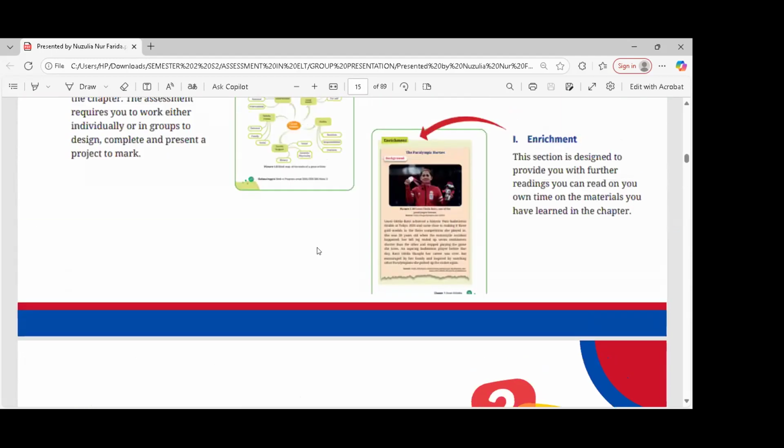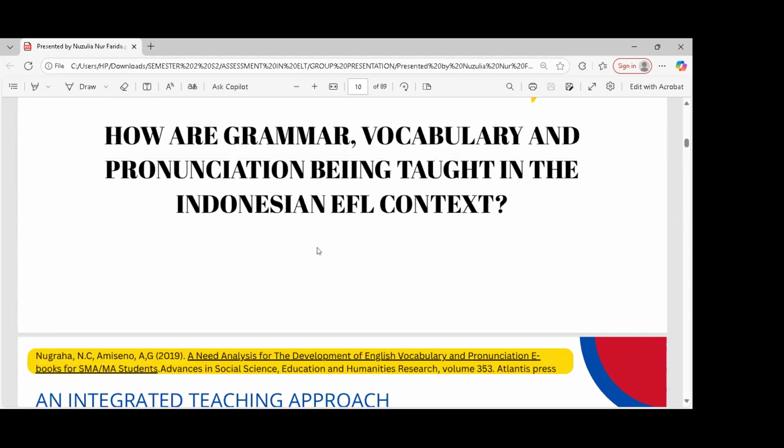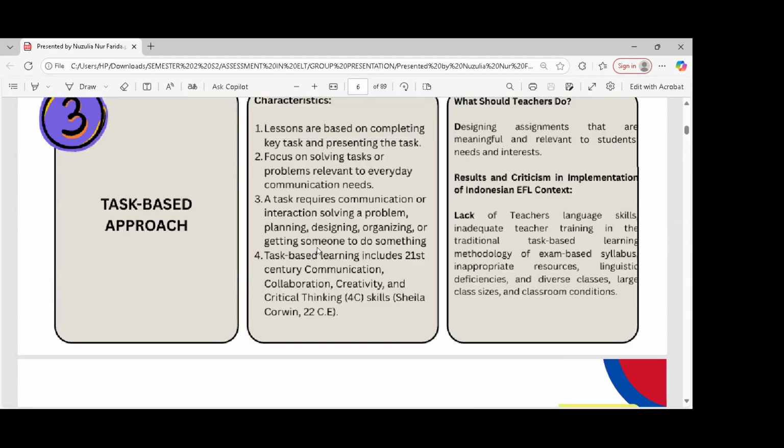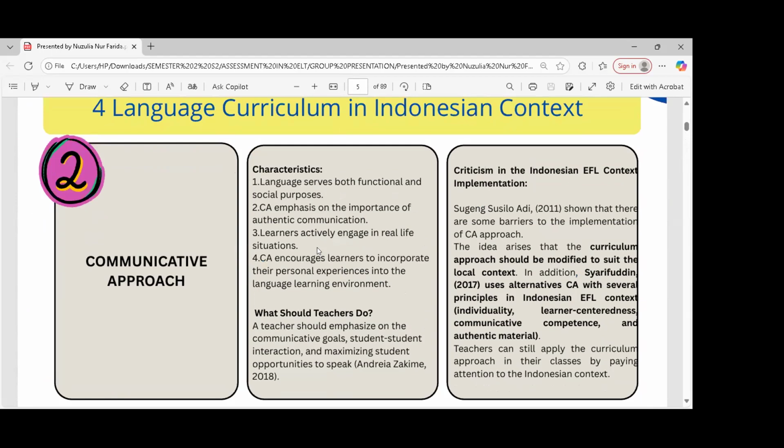Terus how about the communicative as well as the task-based? For the communicative, it supports students to be active participants in learning, Mbak Yumna. Jadi language serves both functional and social purposes. Nah, jadi students tuh harus relate bahasanya, nggak sekedar hanya vocabnya, tapi juga harus mengerti meanings-nya, and it relates to functional and contextual and social purposes.